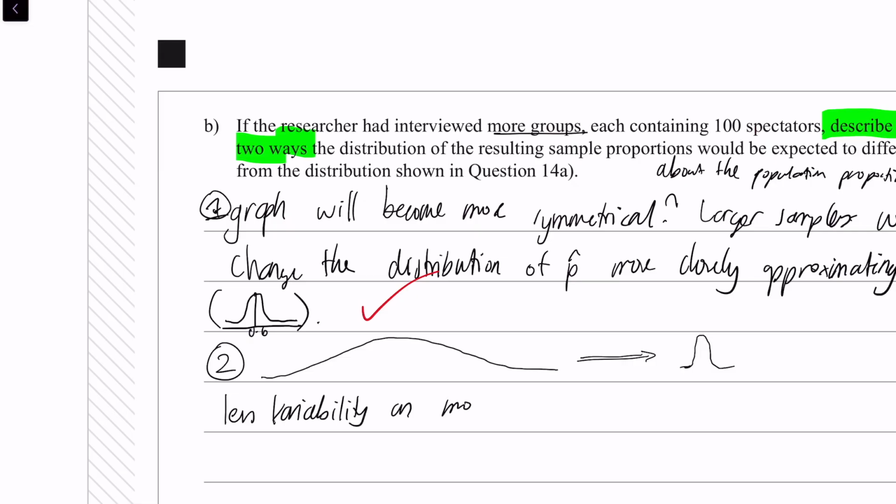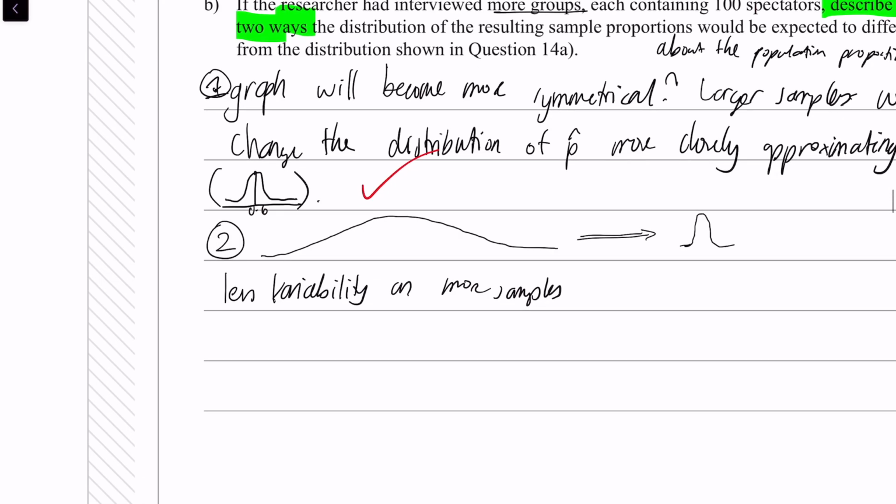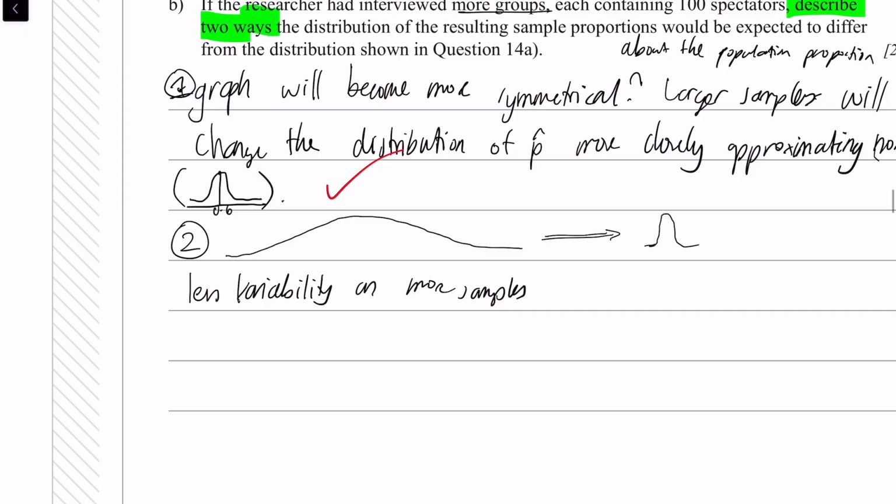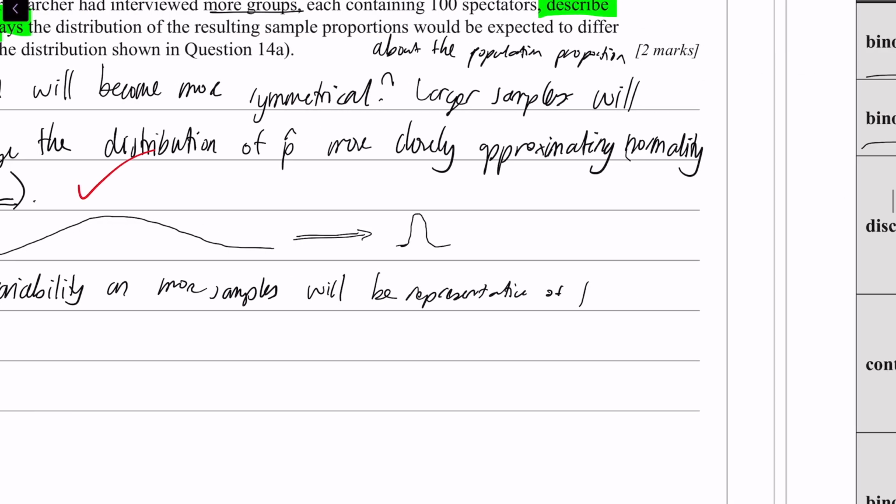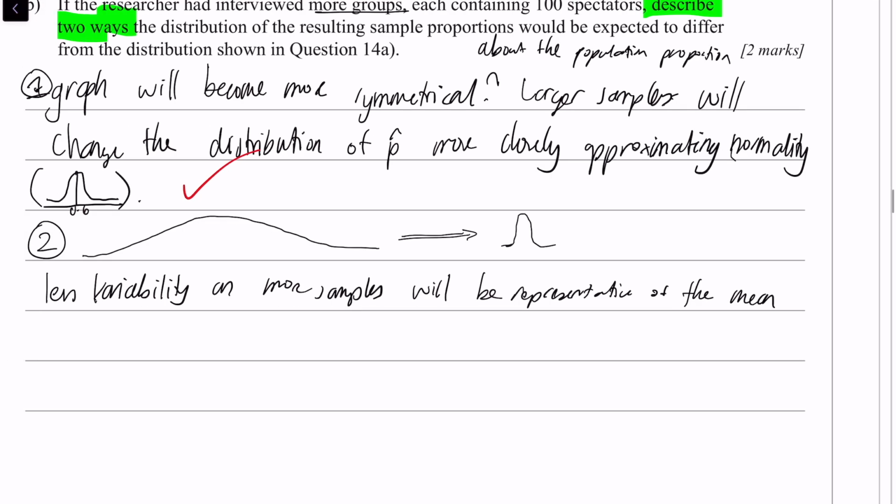As more samples are taken, they will be representative of the mean value of 0.6. The graph will be narrower or skinnier, if you want to put it that way.